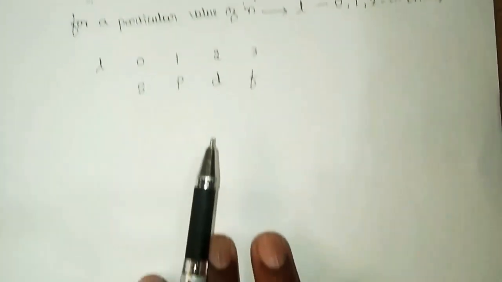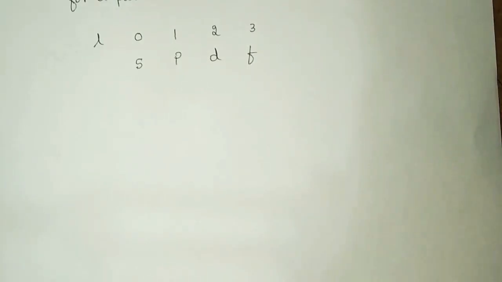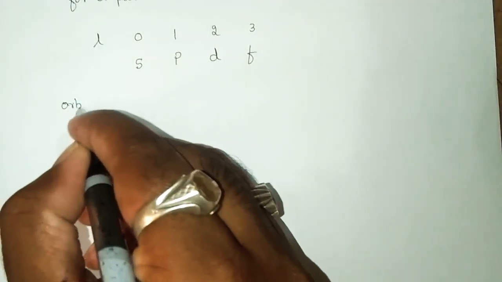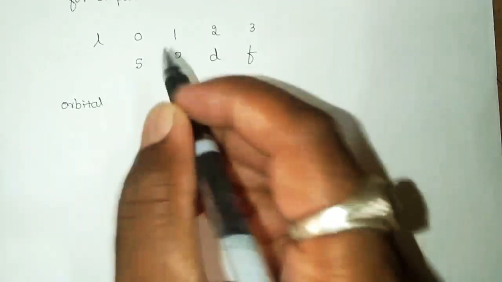So now we shall see how to calculate or how to check the magnitude of angular momentum of an electron, strictly speaking, the orbital angular momentum of the electron.